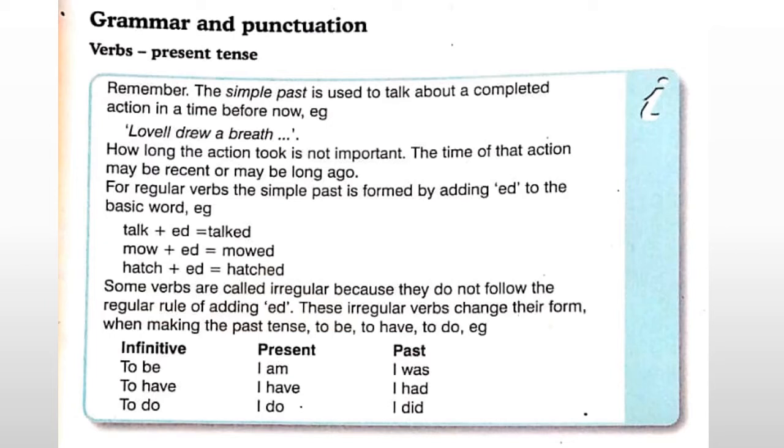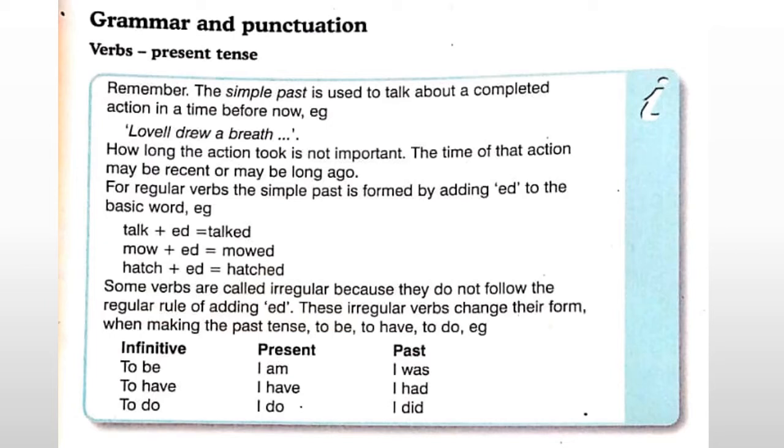For regular verbs, the simple past is formed by adding ed to the basic word that we know. There are two types, regular verbs and irregular verbs. So regular verbs form their past tense by adding ed. Talk plus ed, talked. Move plus ed, moved.